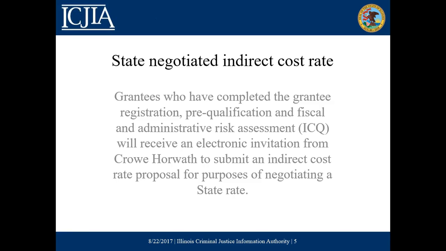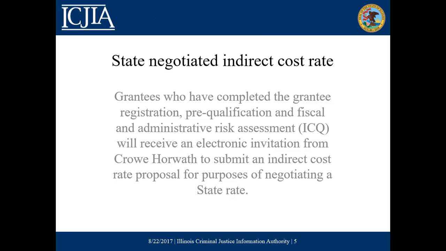Now, the state has set up a process to negotiate indirect cost rates. So when you sign on to the GATA portal and you complete your grantee registration, pre-qualification, and the ICQ, the Fiscal and Administrative Risk Assessment, you will automatically receive an invitation through the system from the accounting firm of Crowe-Horwath.